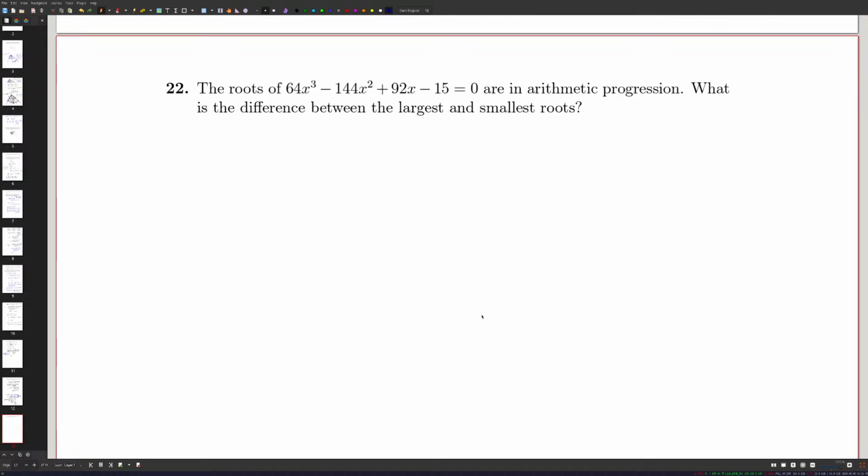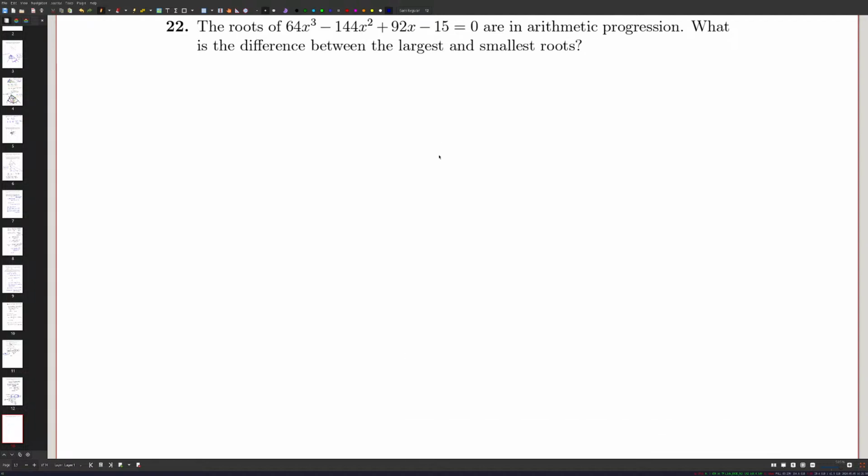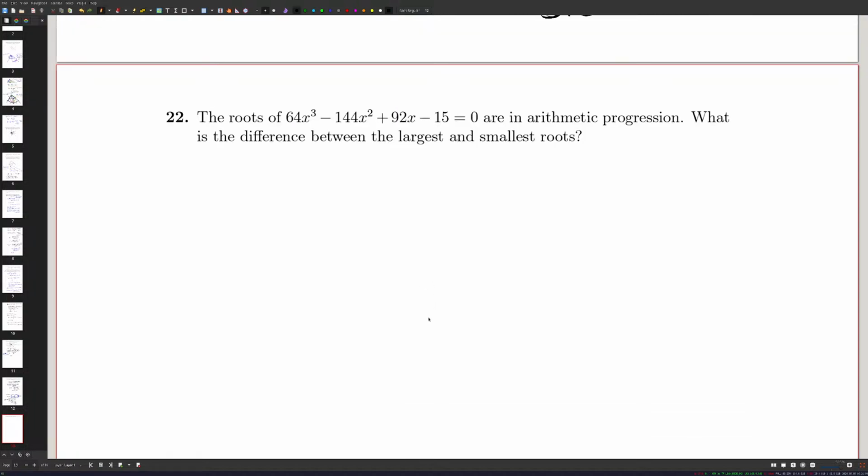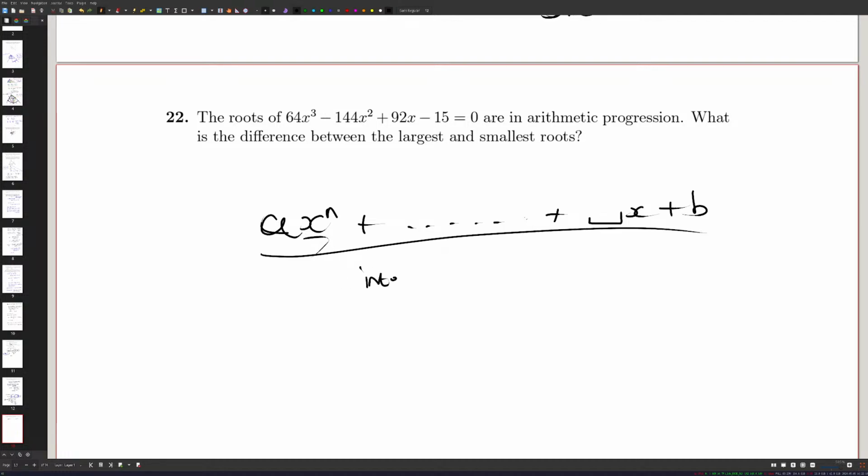But if you do want rational roots of this thing, there is the rational root theorem, or whatever it's typically called: if you have a polynomial that starts with a times x to the n, plus a whole bunch of other stuff, plus something times x plus b, and all of these are integer coefficients, and this is equal to 0, then if x is rational, let's say, I've already used n for the degree, so let's call that d for degree.